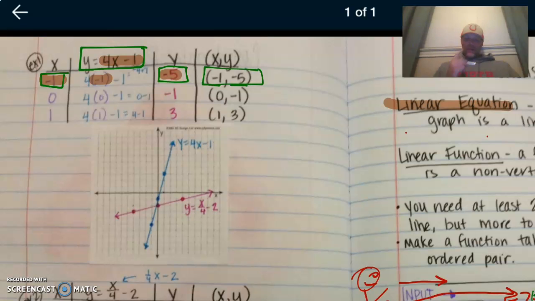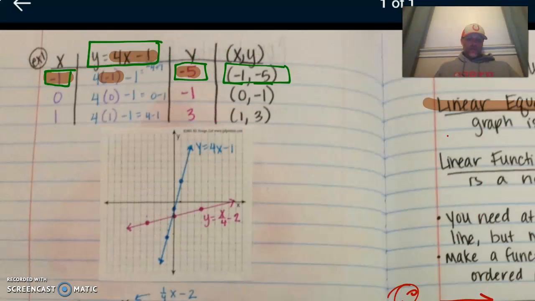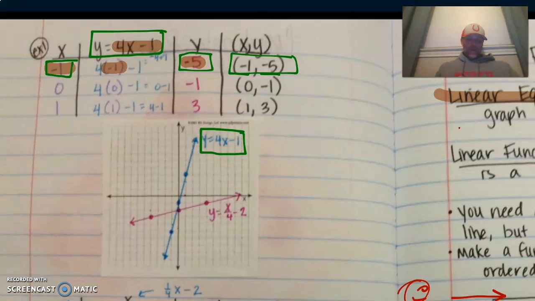You can see in these notes we used one piece of paper, one little graph, but the blue one is for the one that we just did, y equals 4x minus 1. Notice that the 3 points are, the first one that we had was negative 1, negative 5.